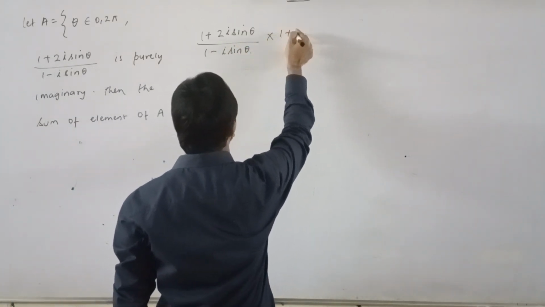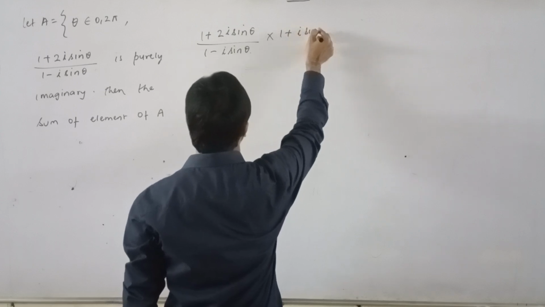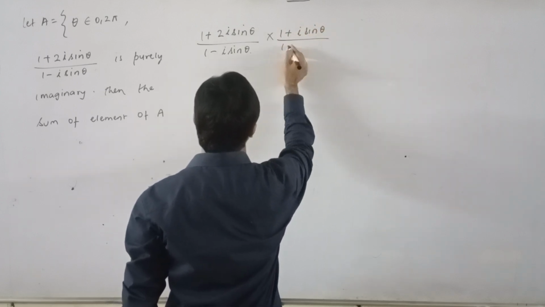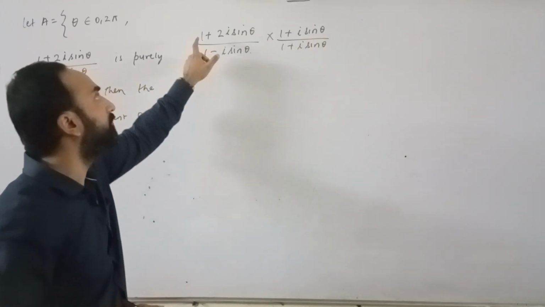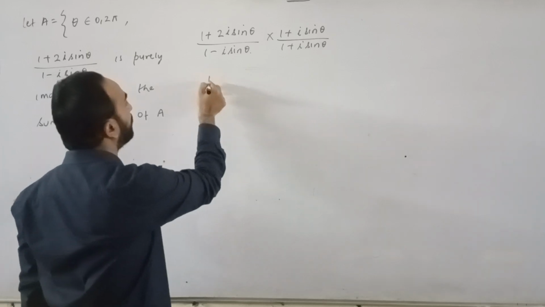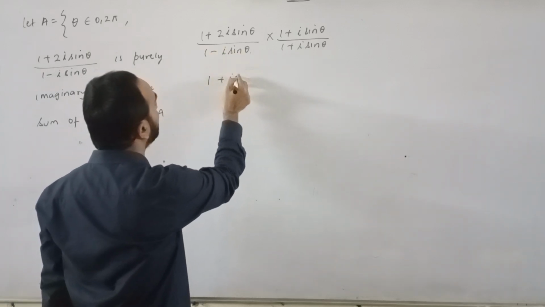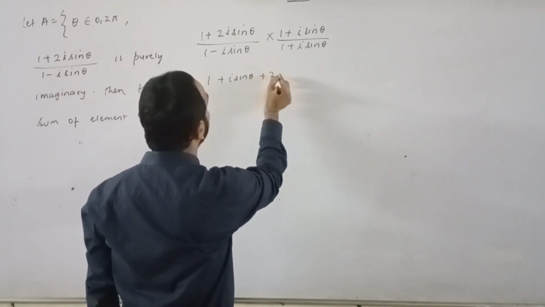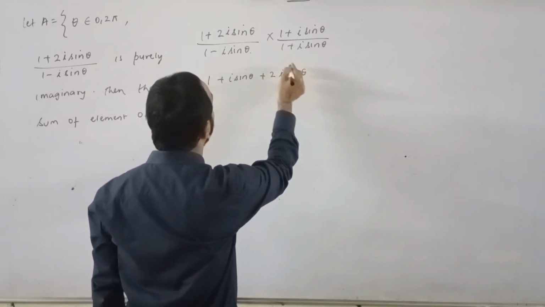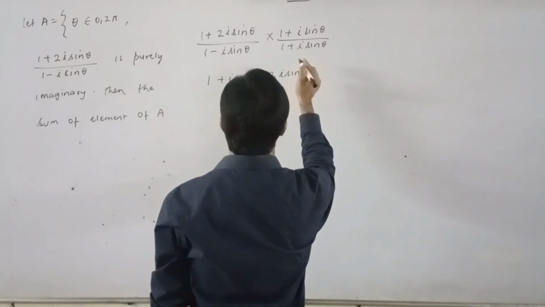So I will multiply 1 plus i sin theta divided by 1 plus i sin theta. Now easy multiplication we will do, 1 into 1 is directly 1, 1 plus i sin theta is i sin theta, and 2i sin theta into 1 is plus 2i sin theta, and 2i into i sin theta, this will become what?